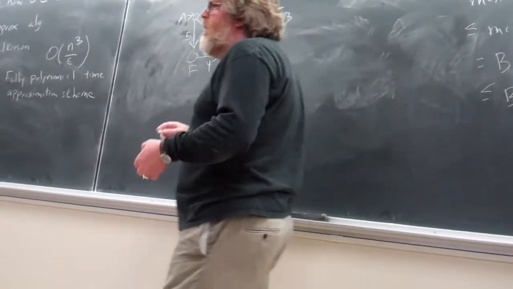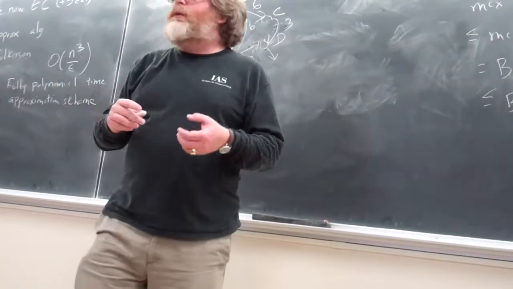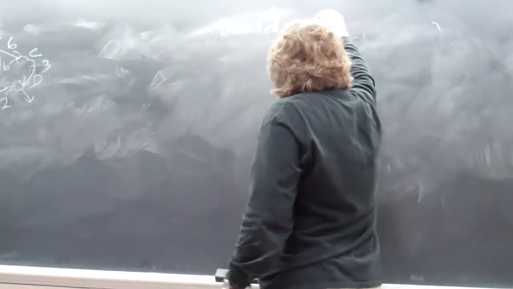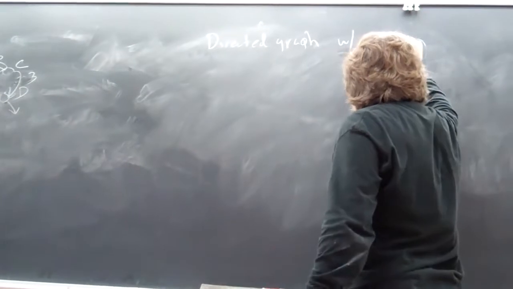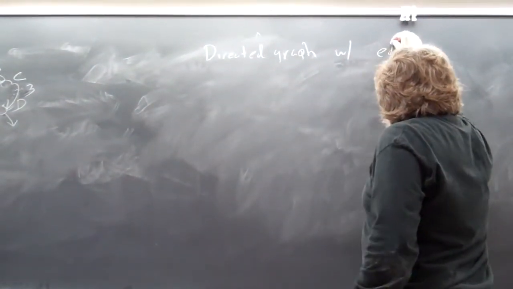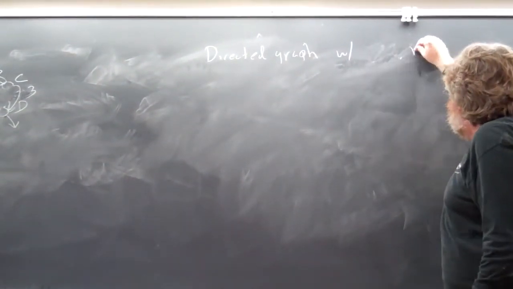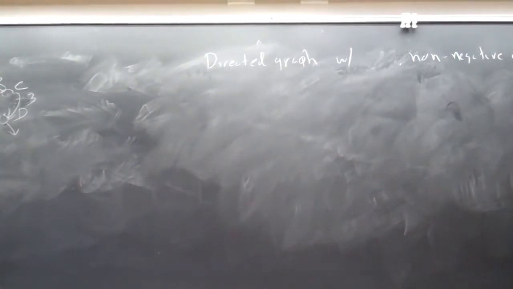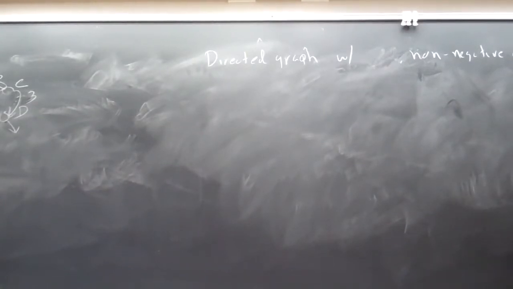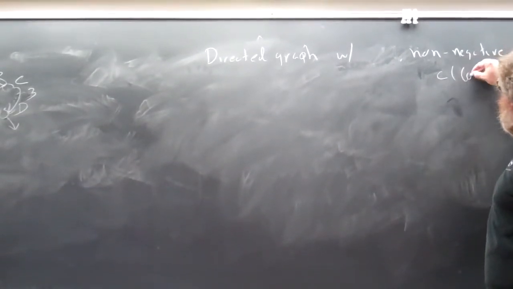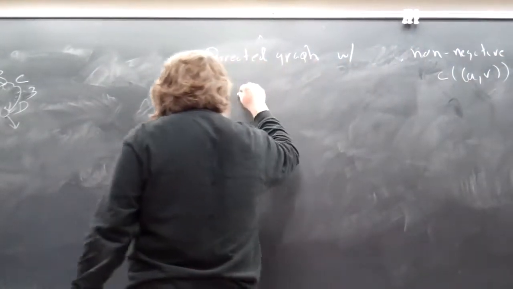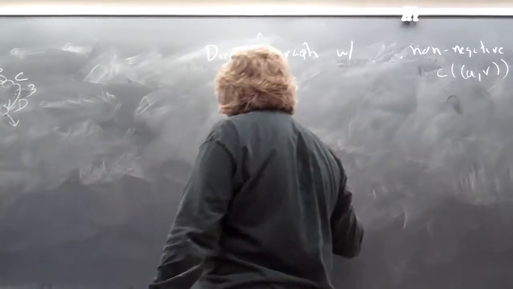So let me write down more formally what the problem is and what the constraints are. With non-negative edge weights, and the edge weights are called the capacity of the edge from U to V. We're given a starting place and an ending place.